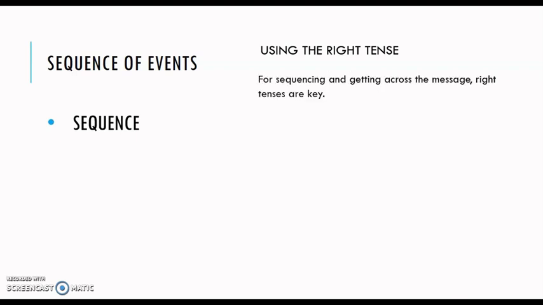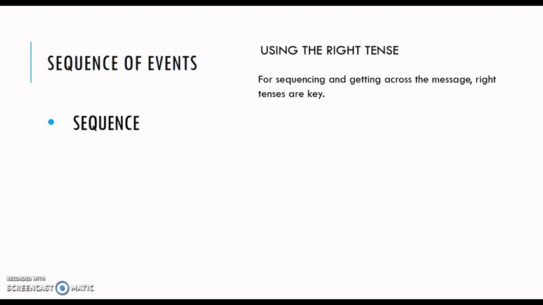For sequencing and getting across the message, the right tenses are key. We can have detailed events and well-explained happenings, but if we confuse the verb tenses, we can get our reader a bit confused as well.